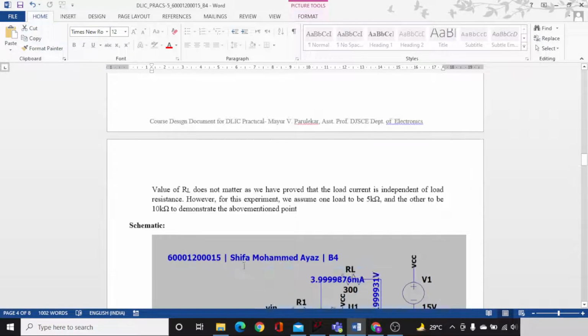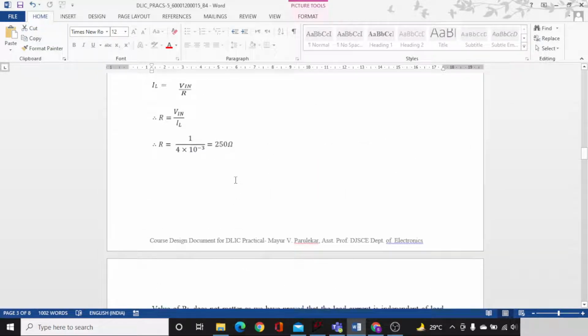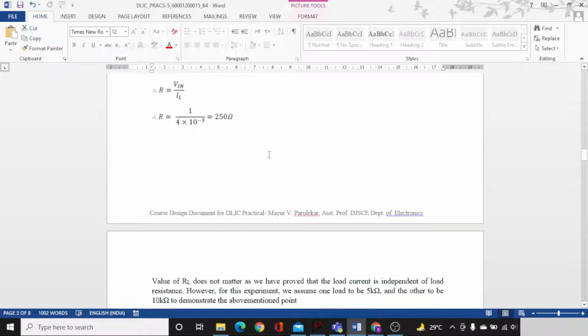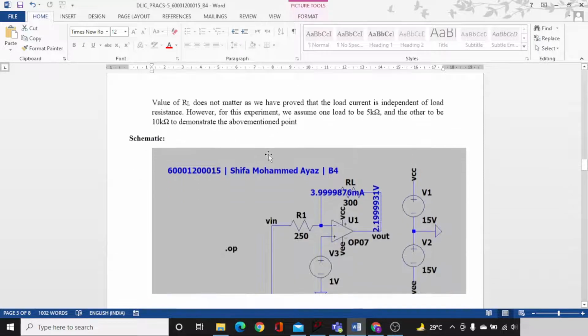Now, as we have said that the current is not dependent upon the value of RL, it is not mandatory to use 250 ohms for your load resistance. You can use any value for it.